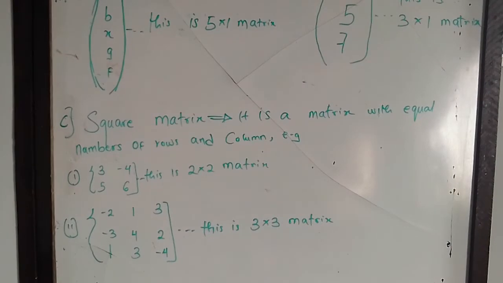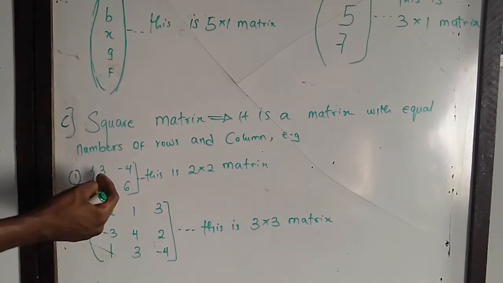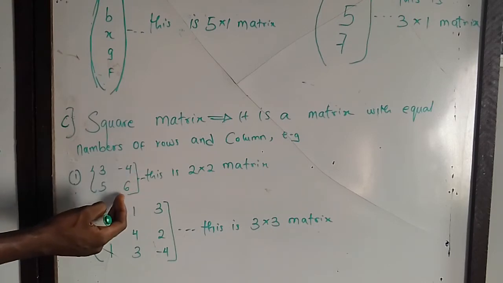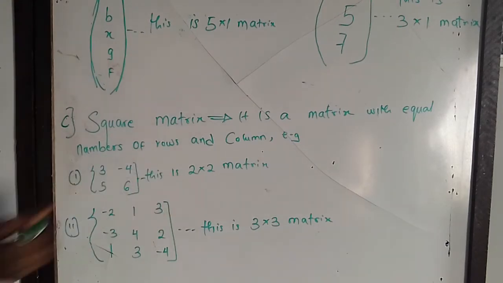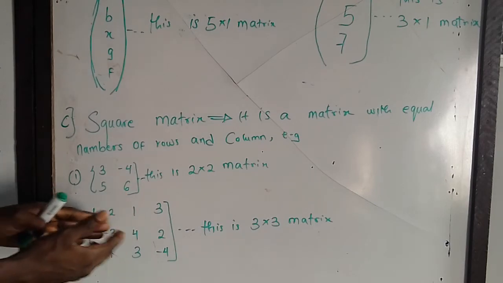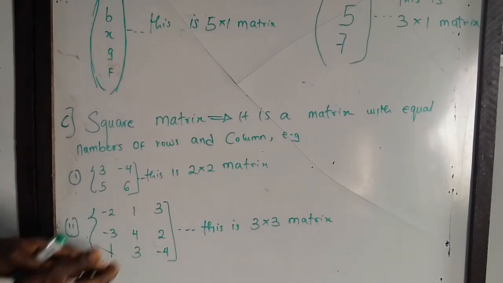For example, we have 3, 5, minus 4 and 6. This is a 2 by 2 matrix. Another example: minus 2, 1, 3, minus 3, 4, 2, 1, 3, minus 4.